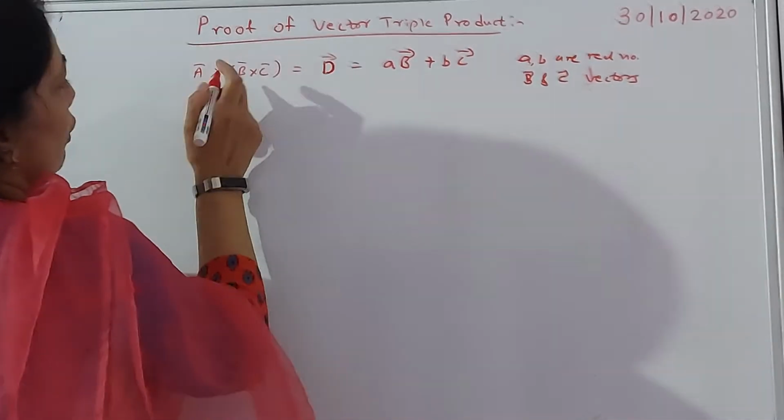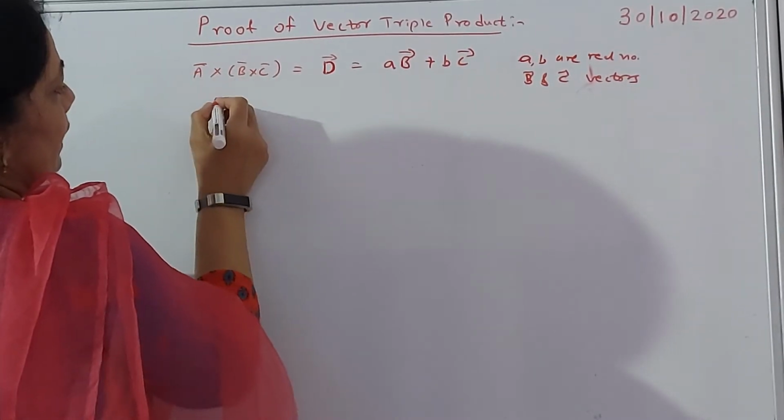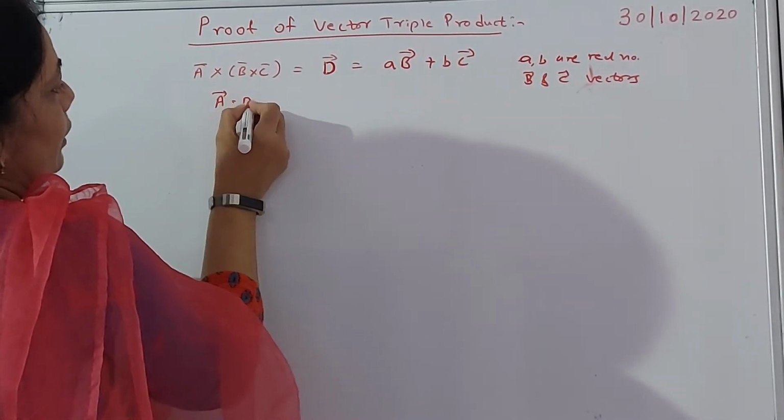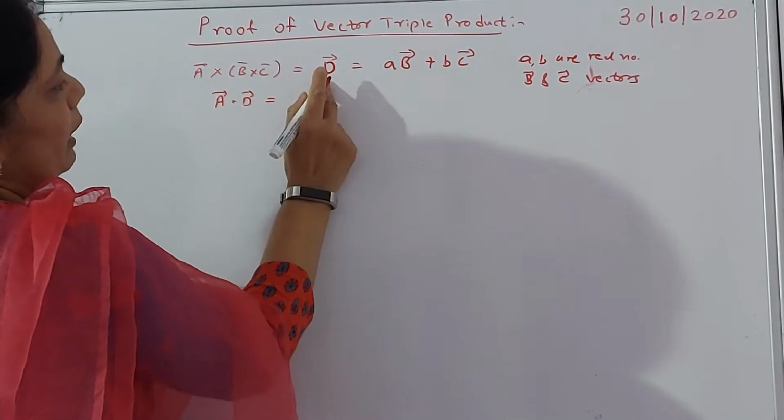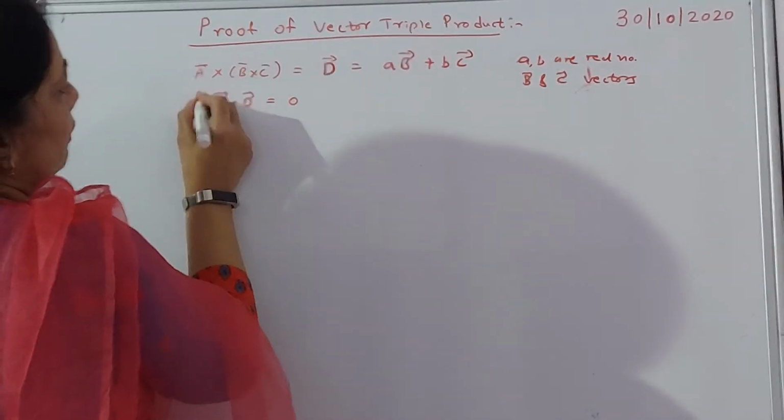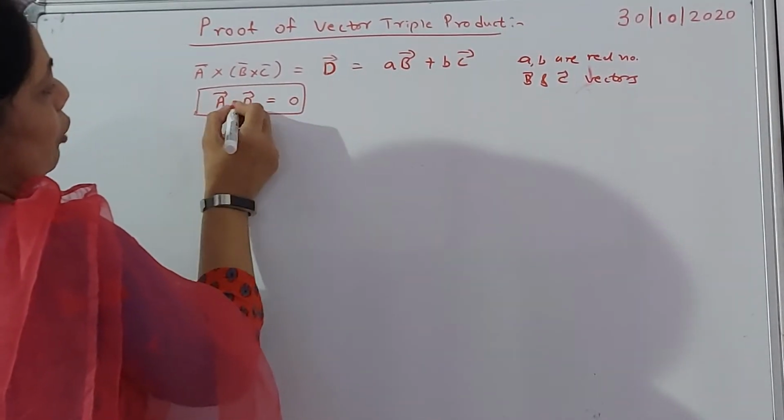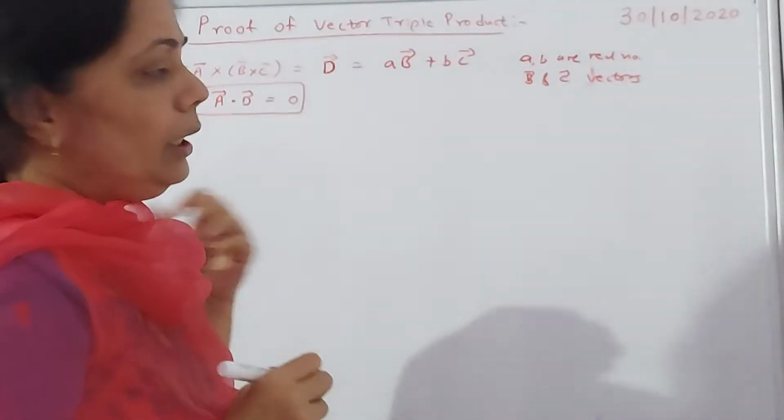Correct? Then what can we say? Then we can say A dot D, the new vector D, will be equal to 0, a dot product. Correct? Now substitute the value.